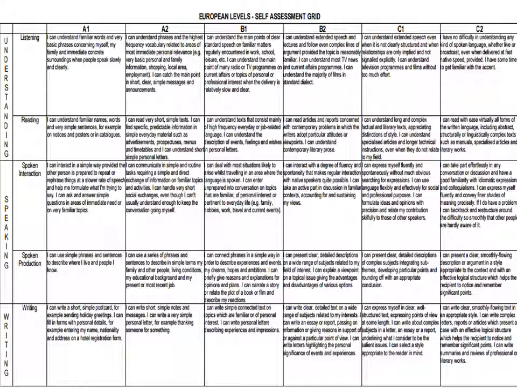Also, in the reading area, we can understand familiar names, words, and very simple sentences. Also, it's important to know that in the reading area, we can get information and vocabulary, any words, when we usually read books, documents, and articles.